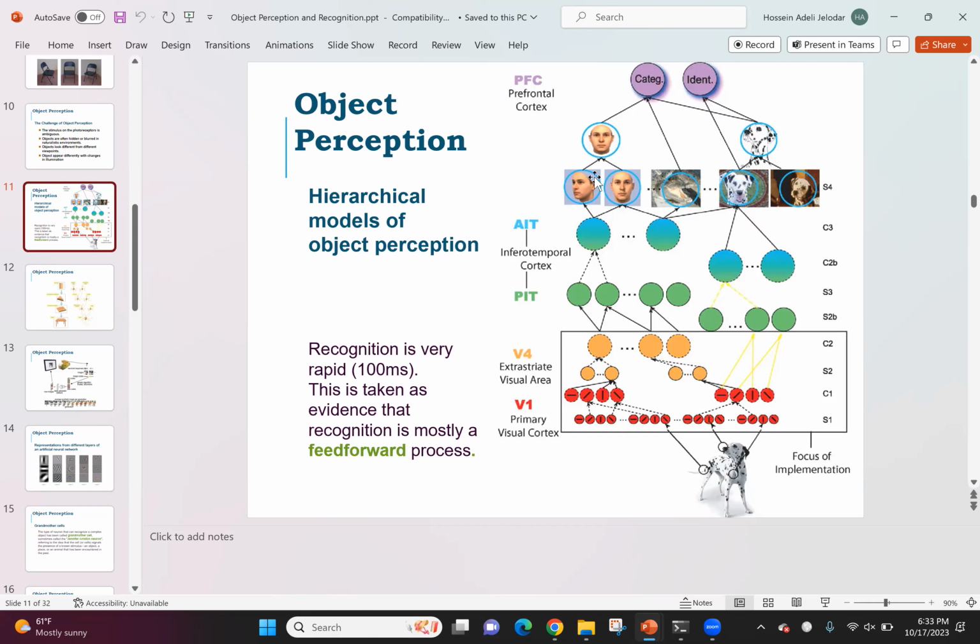But on the left side, we have these brain areas that we talk about. A lot of this edge detection and feature processing would happen in the primary visual cortex, as we talked about. Primary visual cortex is also called the striate. So extrastriate is the area outside of primary visual cortex, the extrastriate visual area.